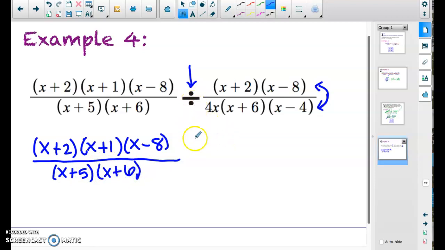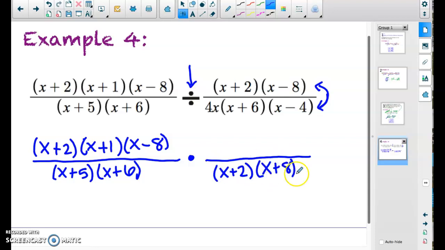Now I'm changing the sign from division to multiplication, and I have to remember that I have to flip the second fraction upside down. So these two items from the numerator, they're now going to be written in the denominator. So I will write those, the x plus 2 and the x plus 8. Those go down to the denominator.